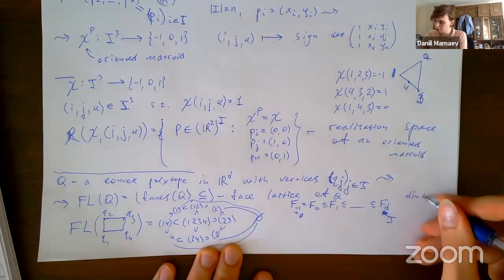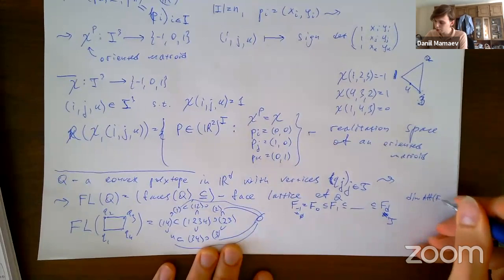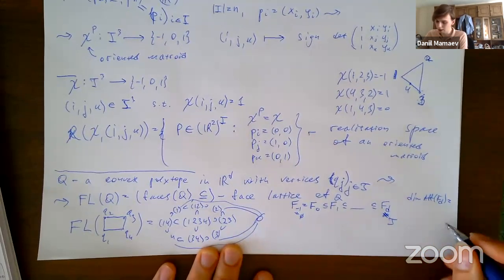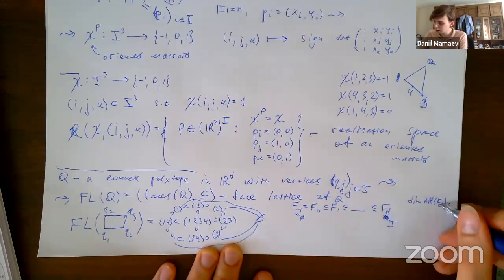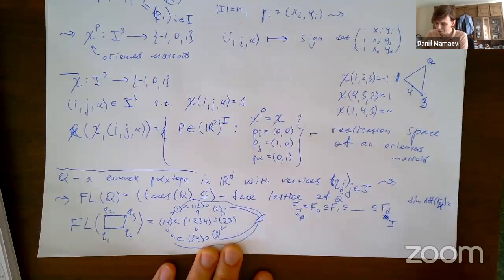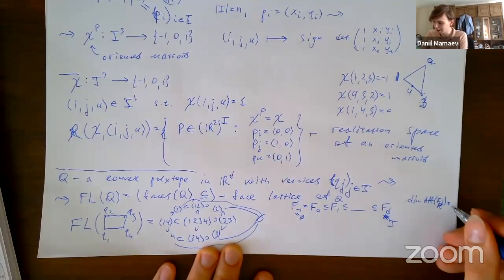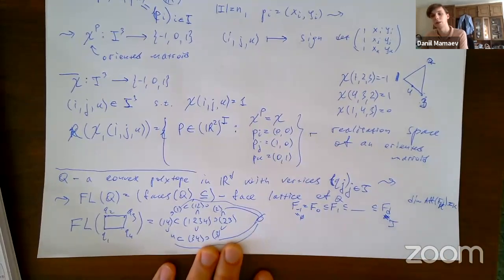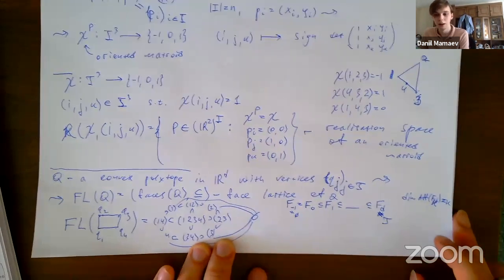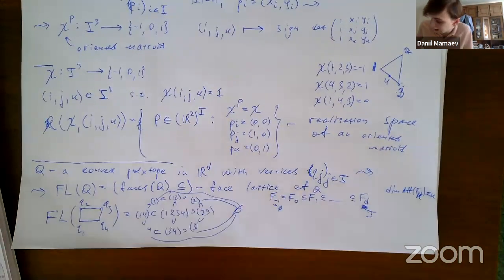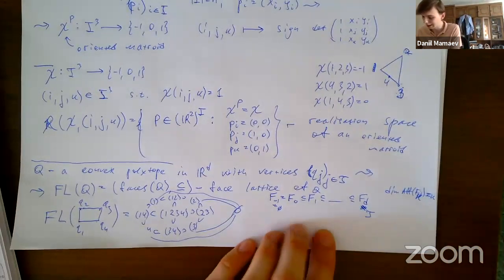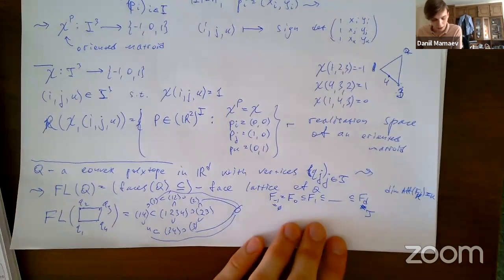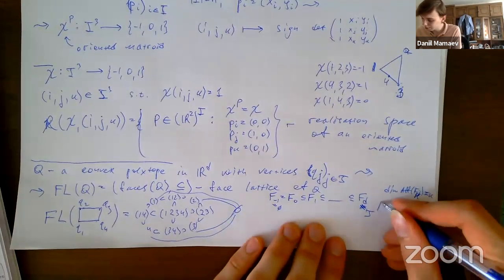You want the k-dimensional face to be exactly k-dimensional, so the dimension of the affine hull of the k-dimensional face is k.